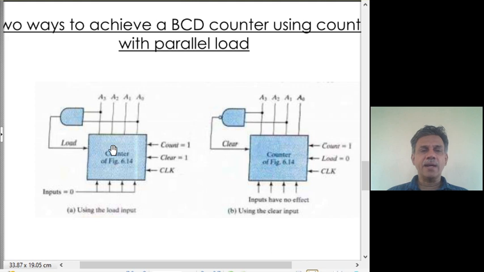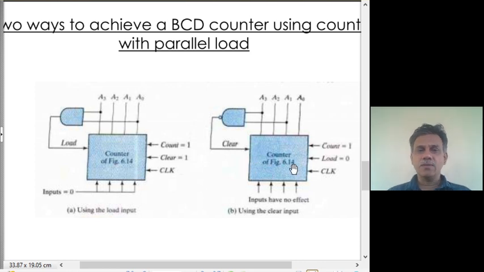So after number 9 occurs, at the end of that clock period, when a clock transition comes, since the load signal is present, instead of counting up, we load 4 bits in parallel into the 4 flip-flops. We clear all the flip-flops by giving 0, 0, 0, 0 as the input to be loaded. So once we reach 9, we load 0, therefore the count is effectively a BCD counting.